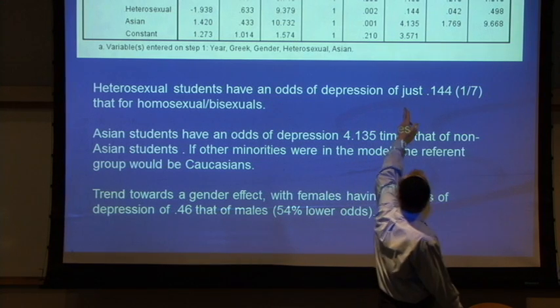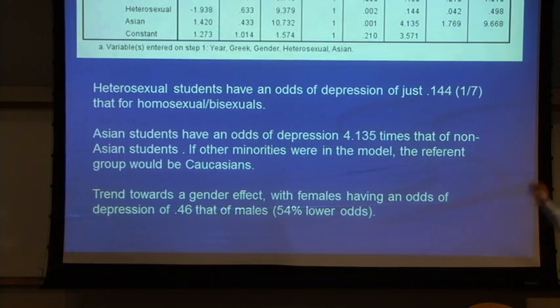Going up here, for the heterosexual, the odds of depression in the heterosexuals was about 86% lower than it was for the non-heterosexuals. If the odds ratio was 4.135, well, that's really big.